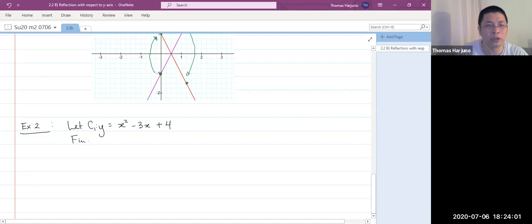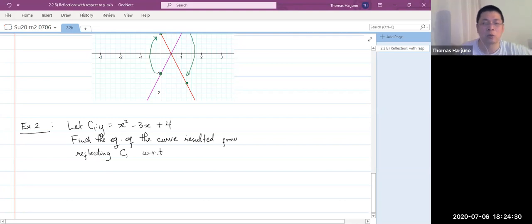Find the equation of the curve, in this case it must be parabola, resulted from reflecting C1 with respect to, let's say, the origin.